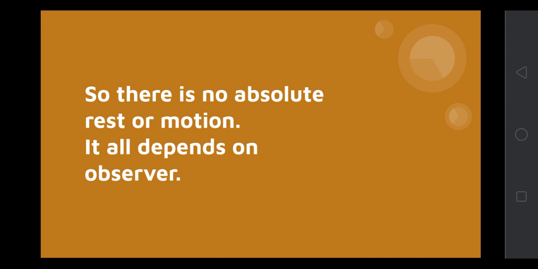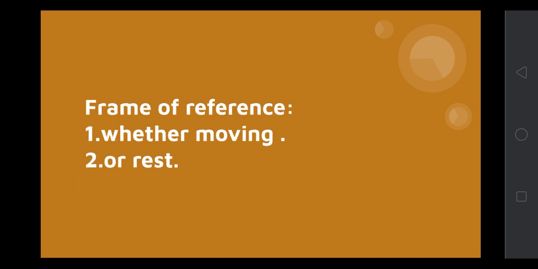So you could not find whether the Moon is moving or not. After some 2 to 3 hours, you'll find that yes, the Moon has changed its position. Then only you will say the Moon has changed its position. So what is needed is a frame of reference to define the position of an object. A frame of reference can be anything which is stable in position.